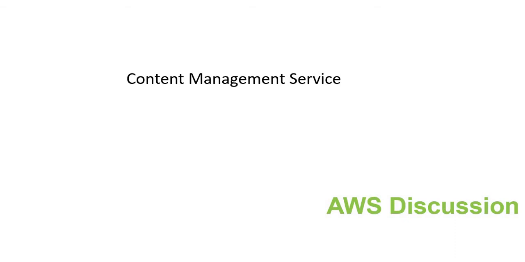That is the topic of this discussion. I will be taking this in two sessions. In this session, I'm going through the existing architecture without AWS and the pros and cons of that existing architecture. In the next session, I will be covering what we did in AWS.